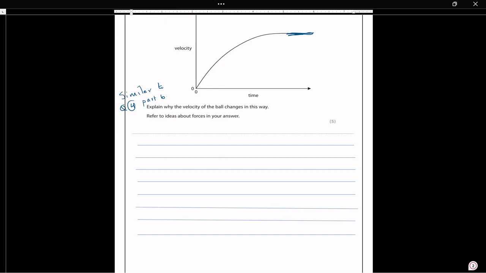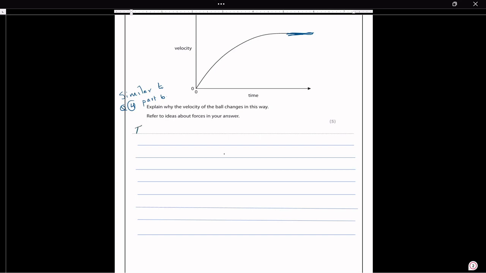The moment you drop the ball, there is only weight acting and no air resistance on the ball. Therefore, the resultant force is downward, so it is accelerating downward. So let us put it as an answer.